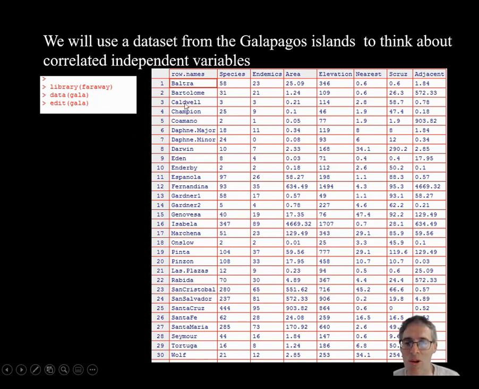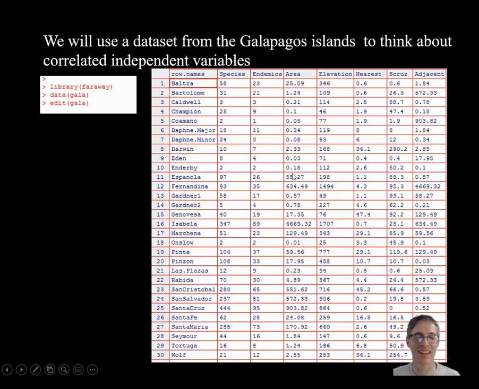Each one of these rows is a different island within the Galapagos cluster, and then you have the number of species, the number of endemics, which is the number of species on some survey of the islands that are unique to each island, the area of the island, the elevation of the island, the distance to the nearest island, the distance to Santa Cruz Island, and the size of the adjacent island.